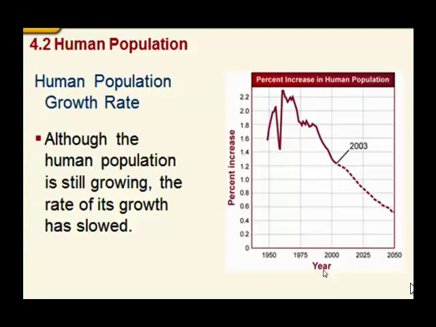So again, even though human population continues to rise, our growth rate is actually slowing or declining, and that is due to voluntary family planning, again, people having fewer children.